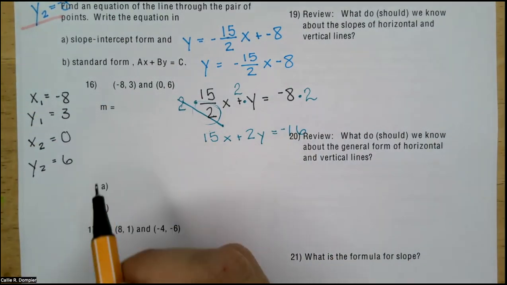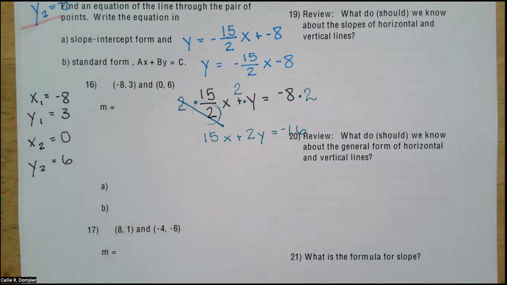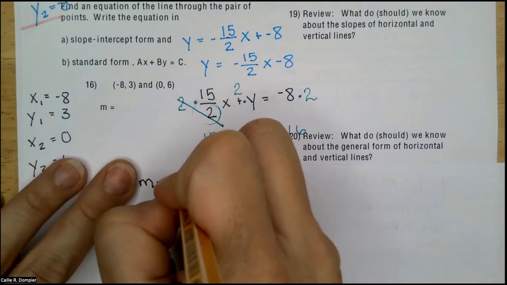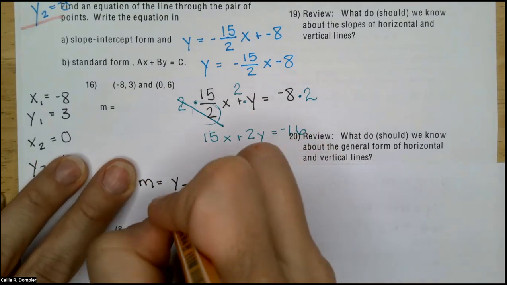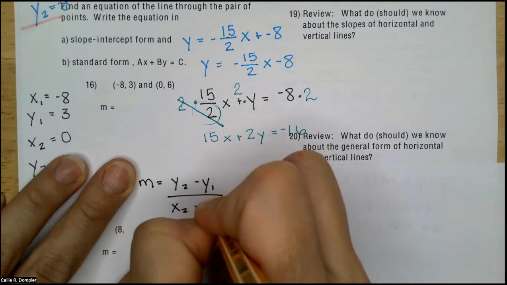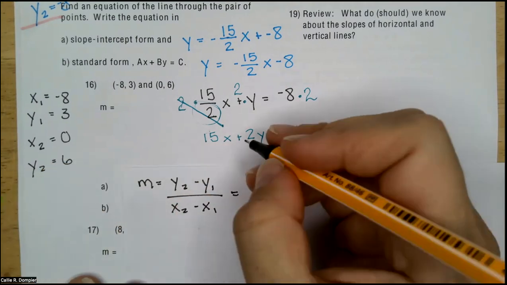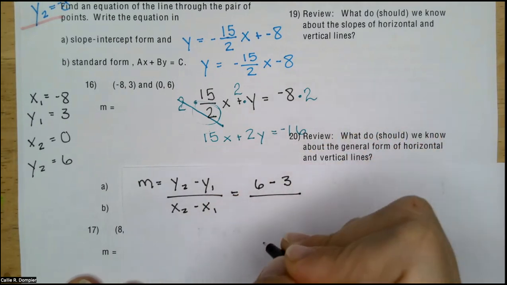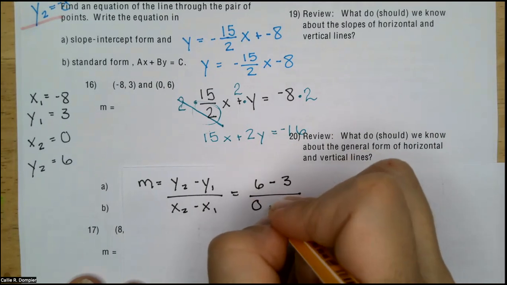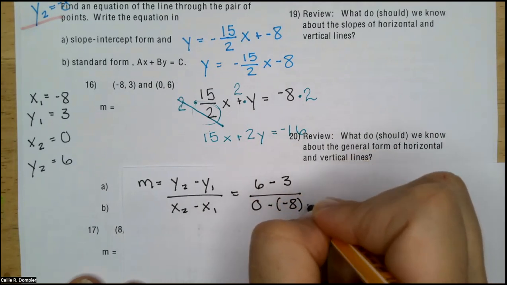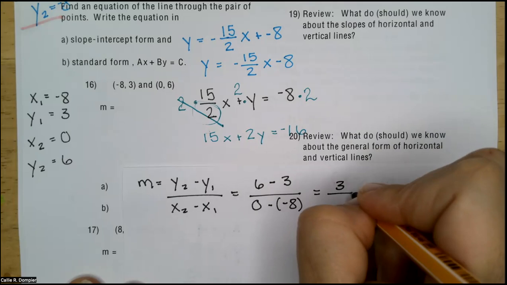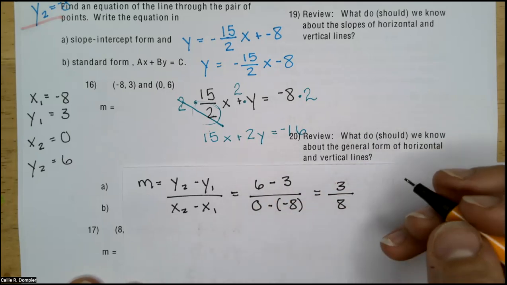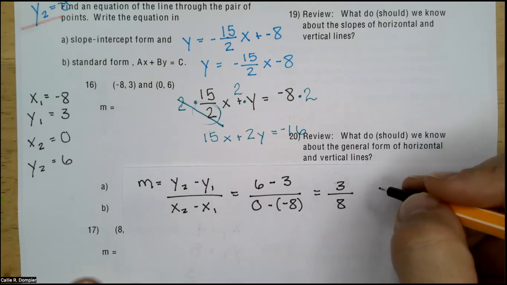All right, so my slope is, again, I need to take y minus y over x minus x. Okay, so it's going to become 6 minus 3 over 0 minus -8. 6 minus 3 is a +3. 0 minus -8 is a +8, right? So my slope is 3/8.